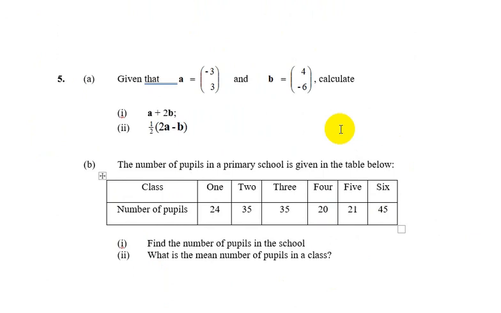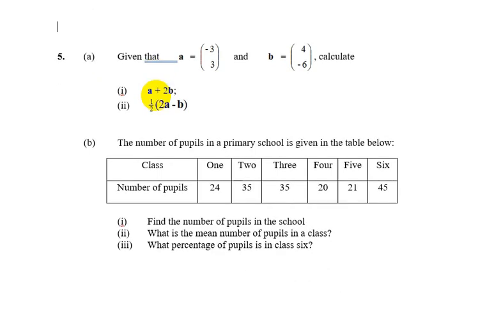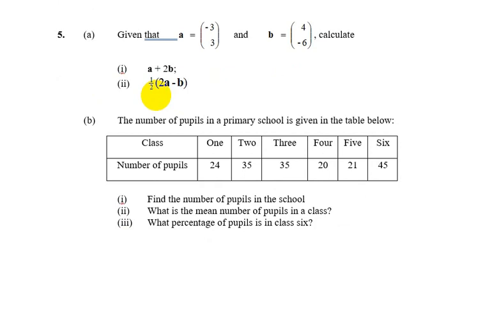Now question 5 is a vector question. Given that A is minus 3 and B is 4 minus 6, we should find (i) A plus 2B and (ii) half of bracket 2A minus B bracket close.